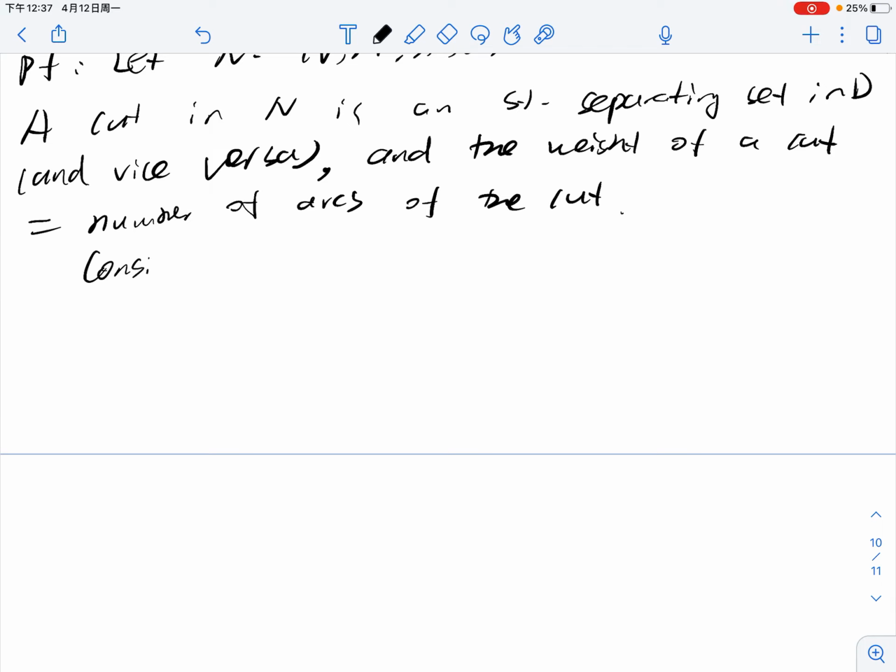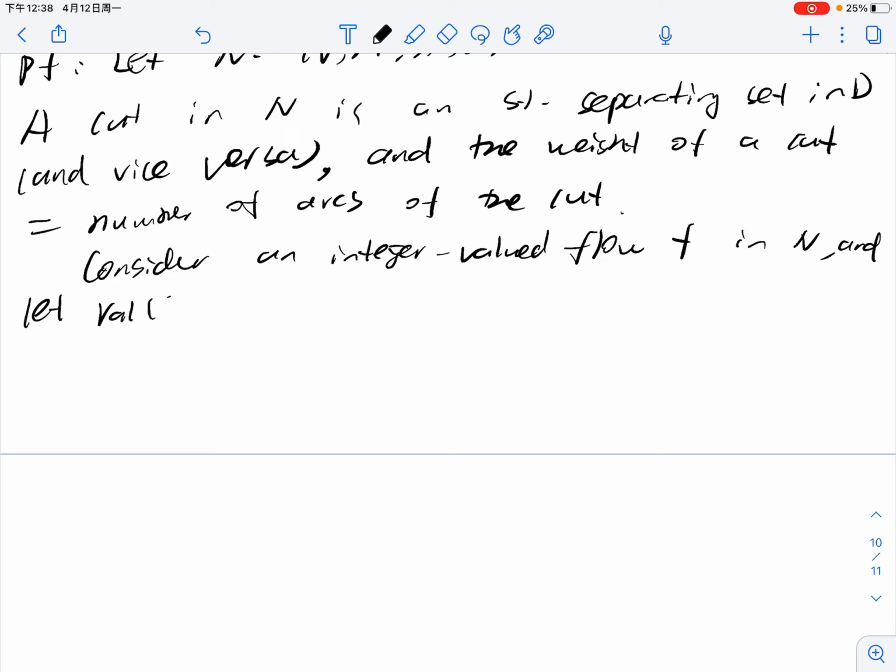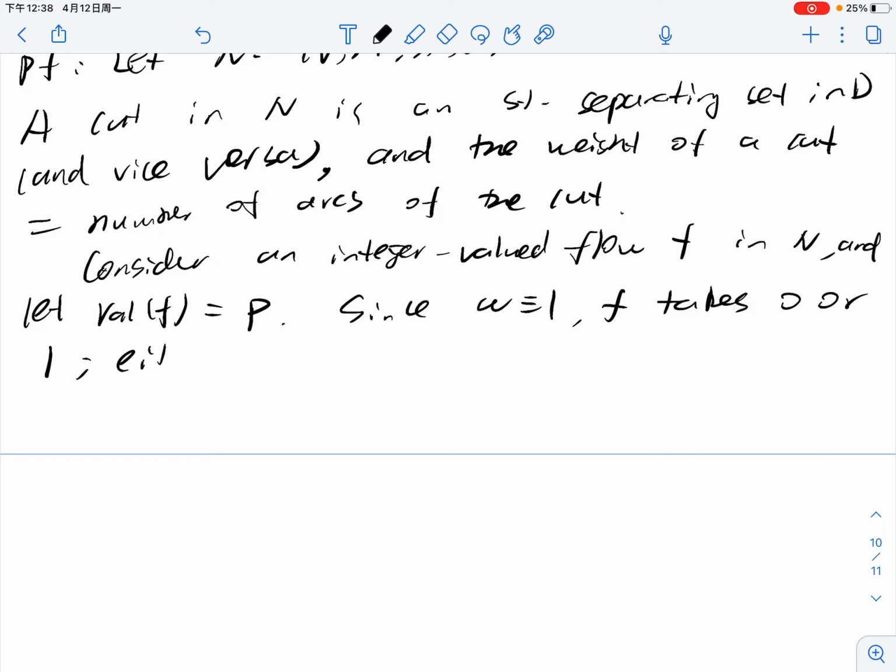Okay, then consider an integer valued flow f in N, and let the value of f be p. Since omega is constant 1, f takes 0 or 1, so it either chooses an arc if it's 1, or not if it's 0.